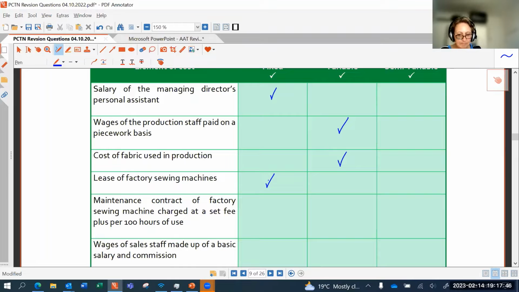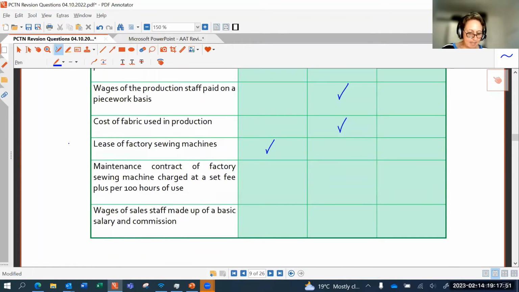Well done. We're moving into a couple of more interesting ones perhaps here then, because the next one is a maintenance contract of the sewing machine. How does that maintenance charge get agreed on? It is a set fee.